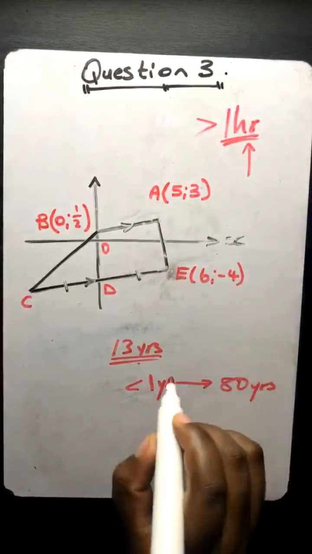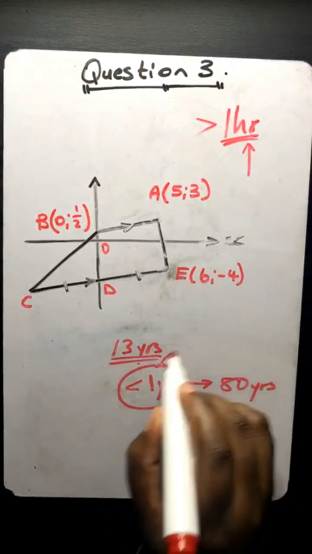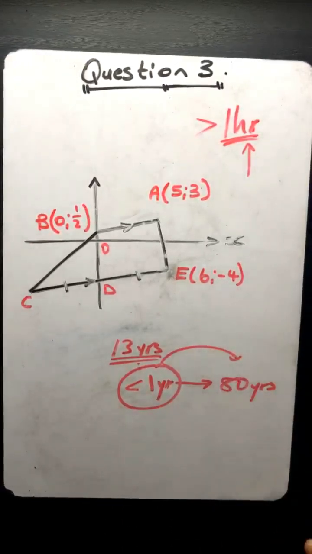So imagine you've got only a year to prepare for the rest of your life, meaning you need all the available information in order to make sure that you pass with distinctions.